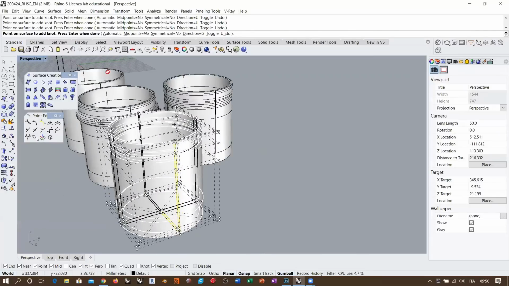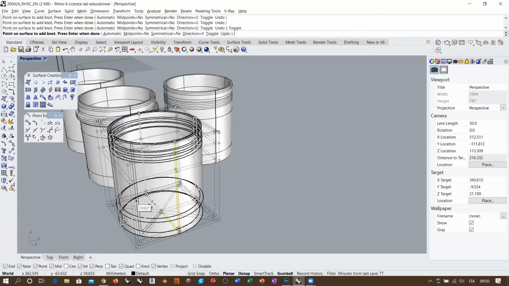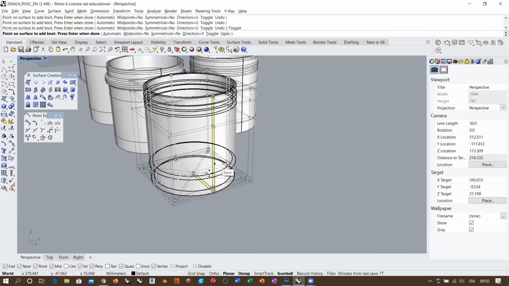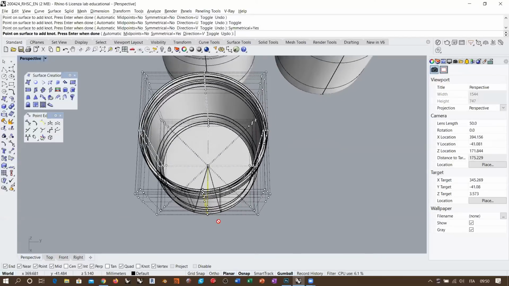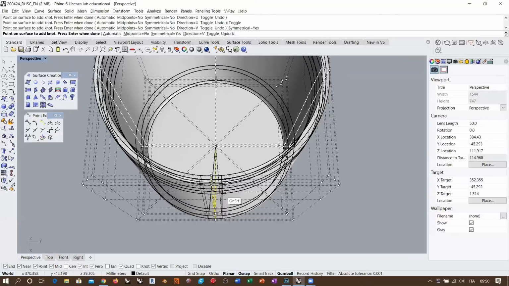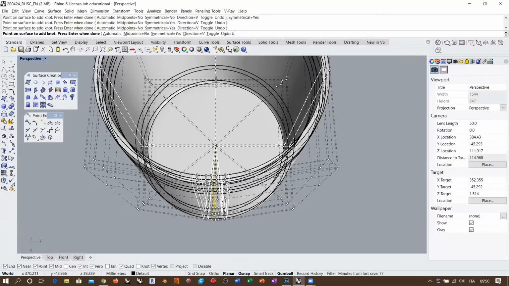And I can also invert the direction, so toggle the direction. I go into the profile direction. And eventually I can also activate symmetrical in order to create a symmetrical set of knot lines around the area where I want to work. Okay, so I can do something like this, and who knows, eventually this.